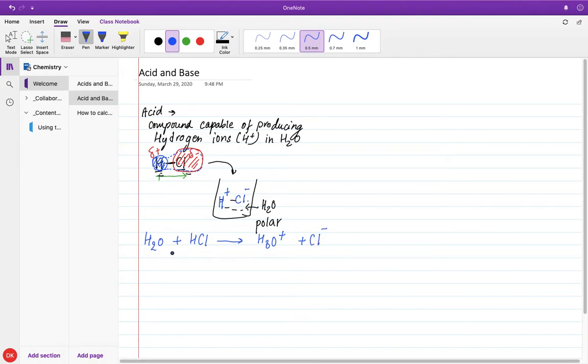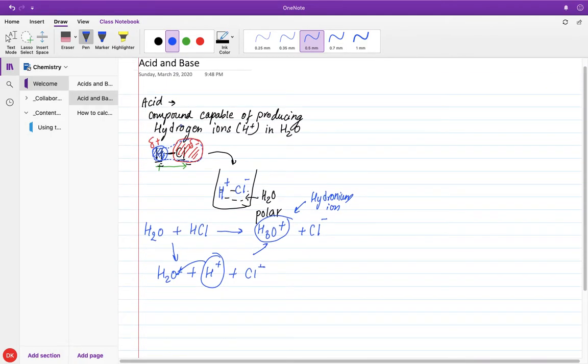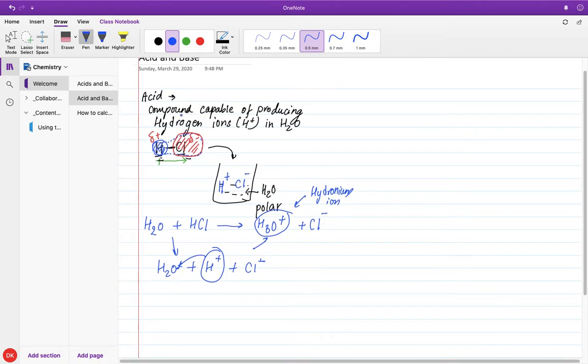Basically, what is happening is that the HCl breaks down into H plus and Cl minus, but then this hydrogen goes and pairs up with this oxygen to give you this ion right here, which is called the hydronium ion. Nice. So that's what an acid is: a compound that is capable of producing hydrogen ions in water.